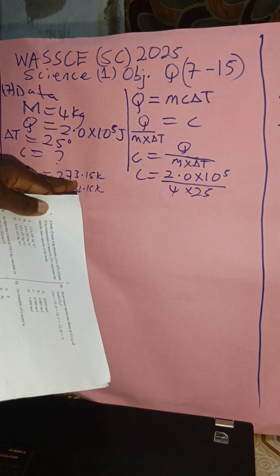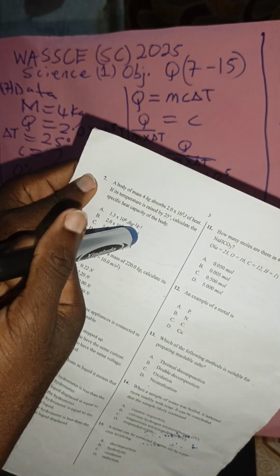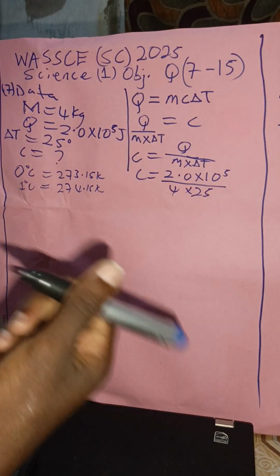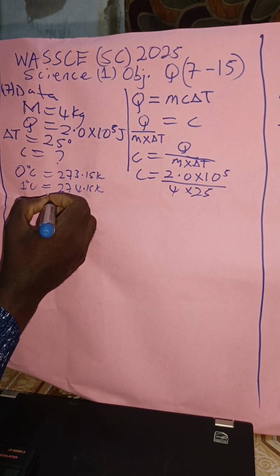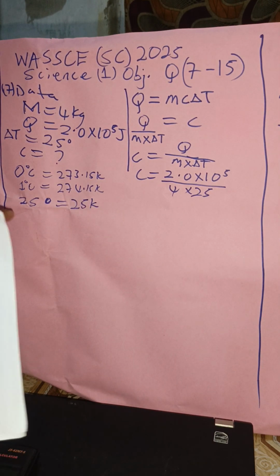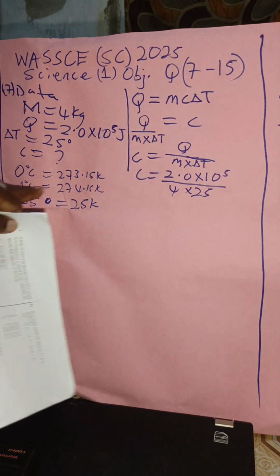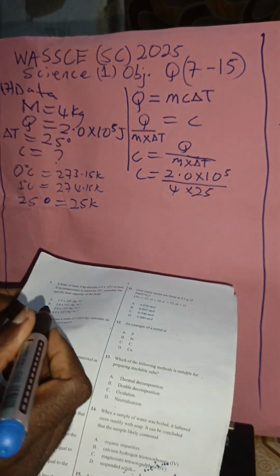So you see only one has increased. According to what is given in the options, they give us the answer in Kelvin. So what it simply means is that 25 degrees is equal to 25 Kelvin, because it increased by 1. They are the same. Take note of that. So the answer should be in Kelvin, and that's why we are using this directly. You have to take note of this.